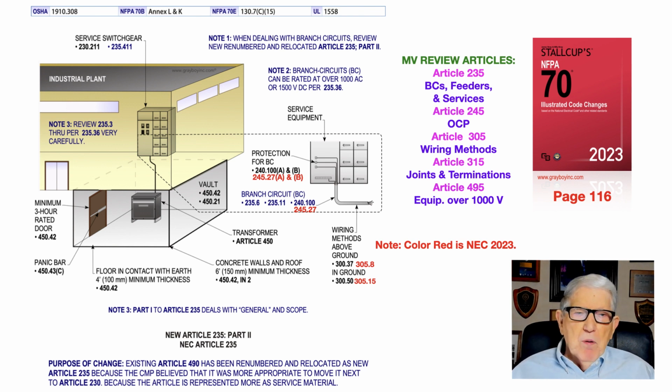Now, I would like to point out that the color red, the red text, will be the 2023 NEC. So keep that in mind when you see this colored text.